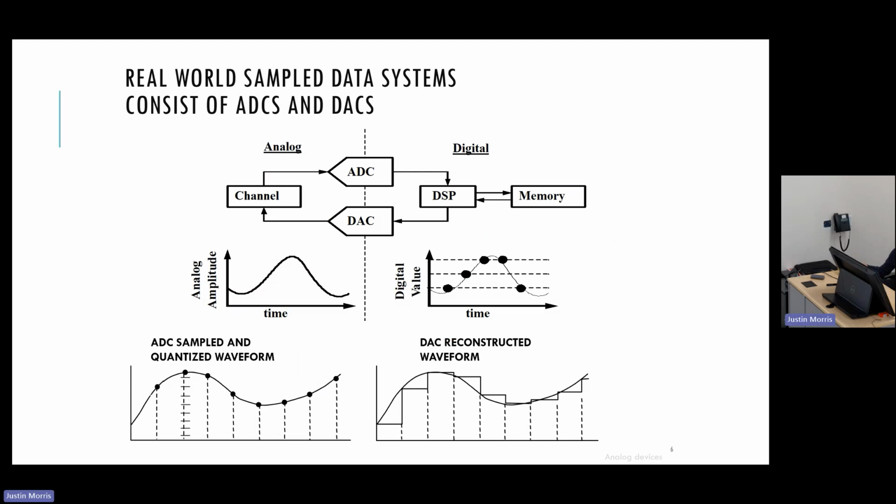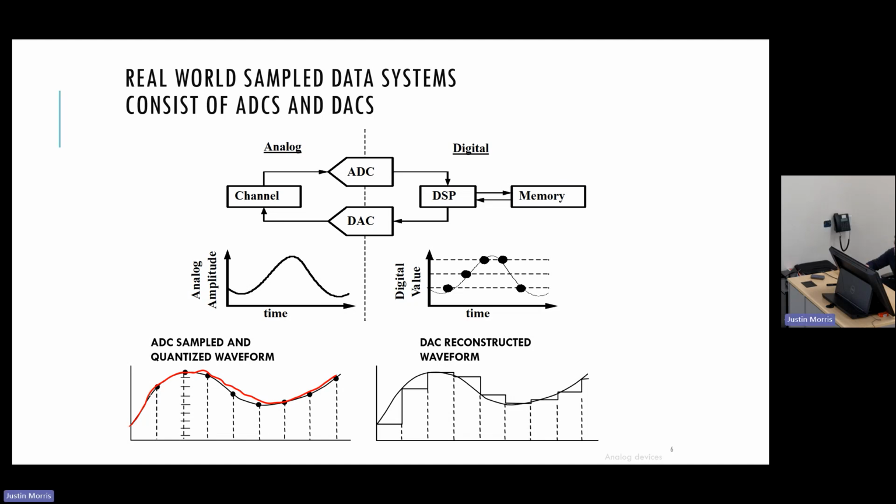All right, so here is a little bit about the real world systems that are using these ADCs, analog to digital converters, and DACs, digital to analog converters. So you have this continuous waveform that we are trying to sample and get the value of in order to put it into our discrete system.